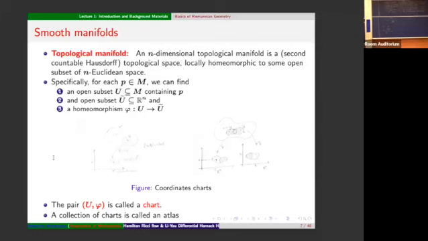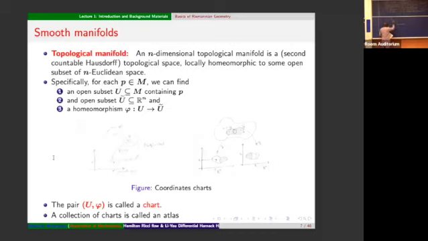So this map is the homeomorphism, and this is phi.